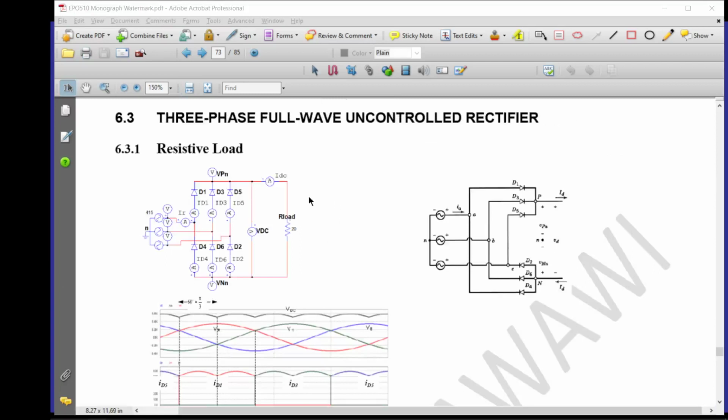Right, to be able to get that full-wave rectifier, we're going to add another 3 identical diodes, and it is arranged in such a way so that we have the diode, this is known as the top group, and this will be the bottom group. Okay, and if you look at this top group, the diode is connected to the positive of the anode of each diode there, and for the bottom group, the cathode of the bottom group will be connected to the positive here.